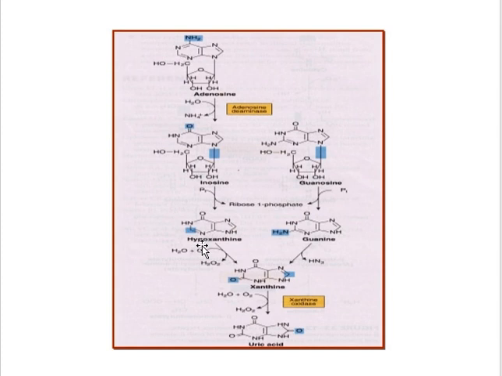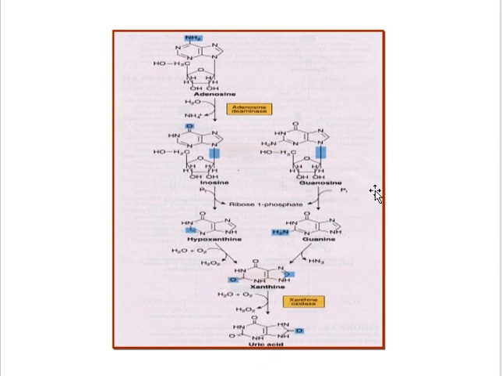Then the nitrogenous base hypoxanthine is oxidized to xanthine, and then xanthine is further oxidized to uric acid, and both these oxidation reactions are catalyzed by the enzyme xanthine oxidase. So in this way, adenosine is broken down into uric acid.